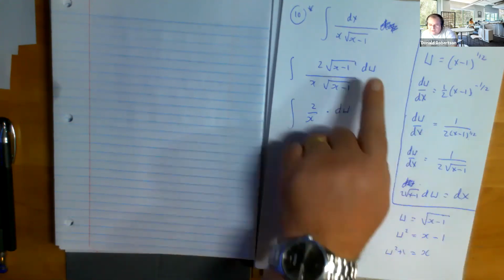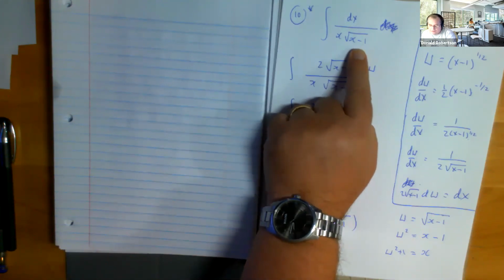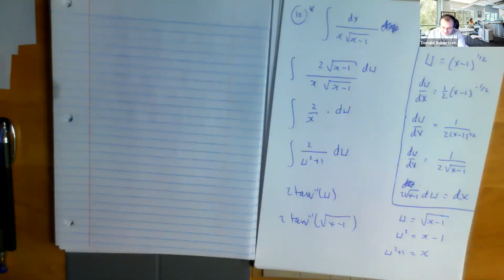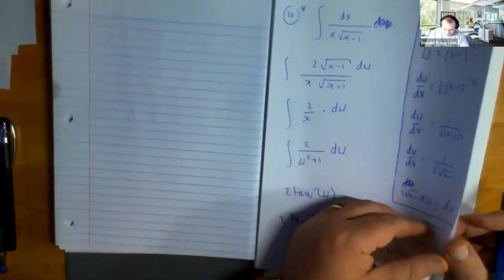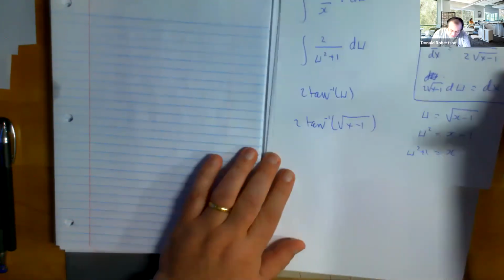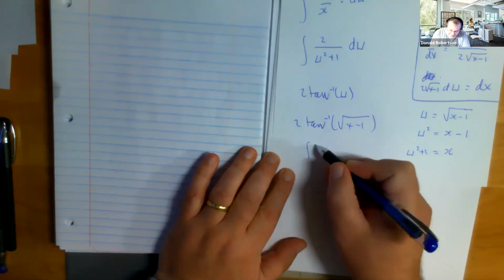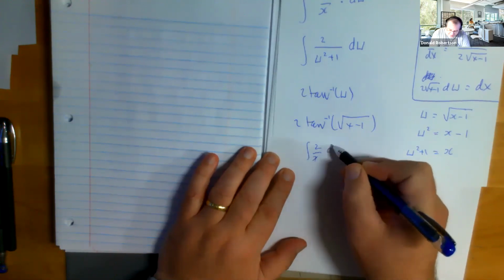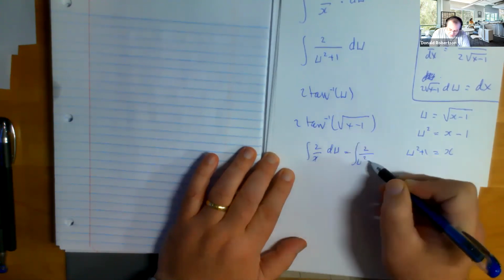Do you know if they just made that x plus 1? See this thing? If they'd made it x plus 1, can you imagine I went through the same process? What you would have ended up with would have been a much nicer looking answer. It would have still looked like that, but the x would have ended up being u squared minus 1.